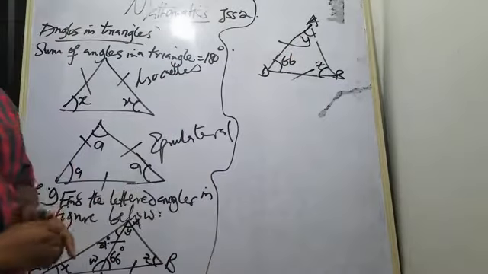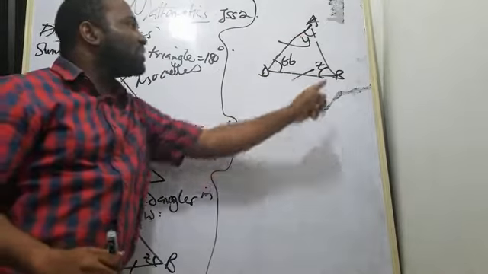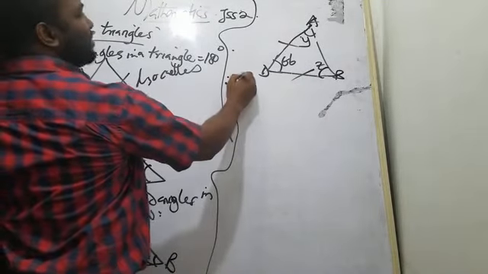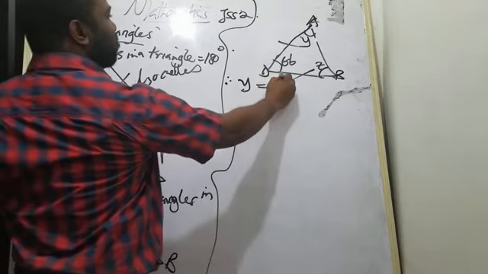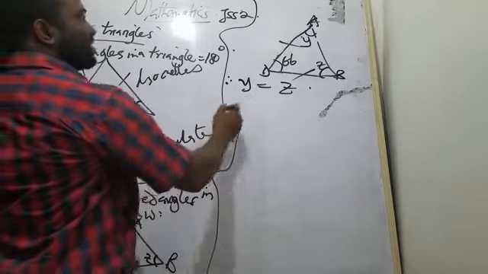So if this side is equal to this side, it means this angle will be equal to this angle. Okay? Therefore, y will be equal to what? Z. Alright?